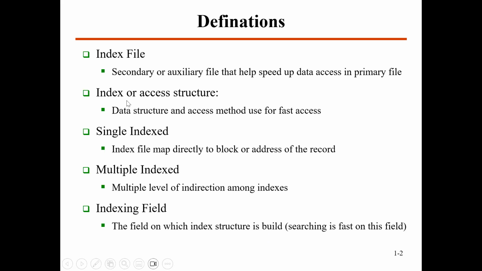If we understand the index structure, it is a data structure or a way of accessing the database in a faster way. Now, this index structure can be built on an ordered file, or it can be built on an unordered file.